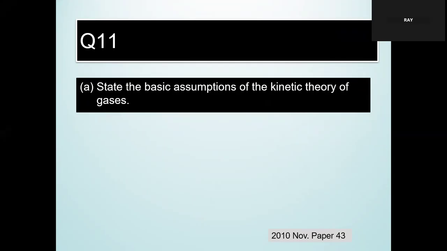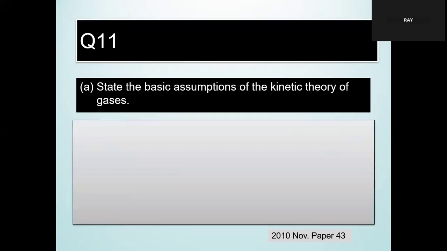Point mass? What does point mass mean? That one you have to memorize. Sometimes it can be 2 marks and it can be 4 marks, depending on the question. So this one requires you to have 4.